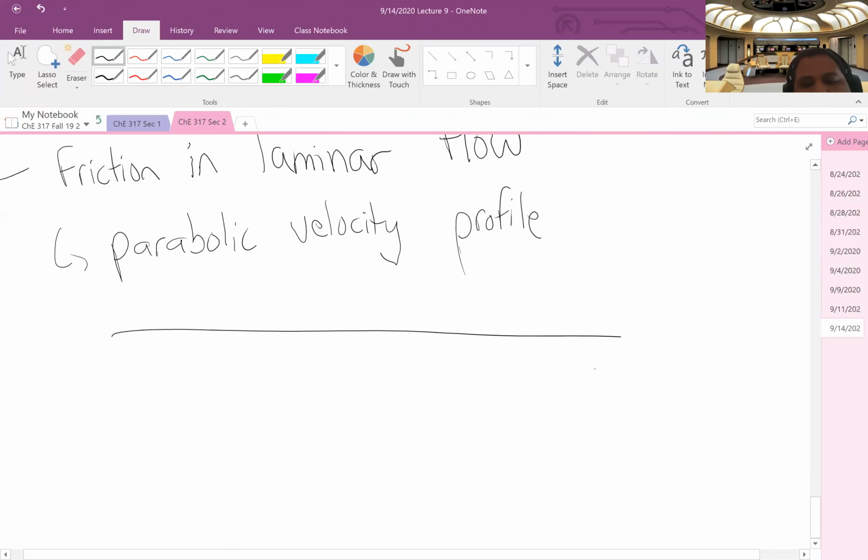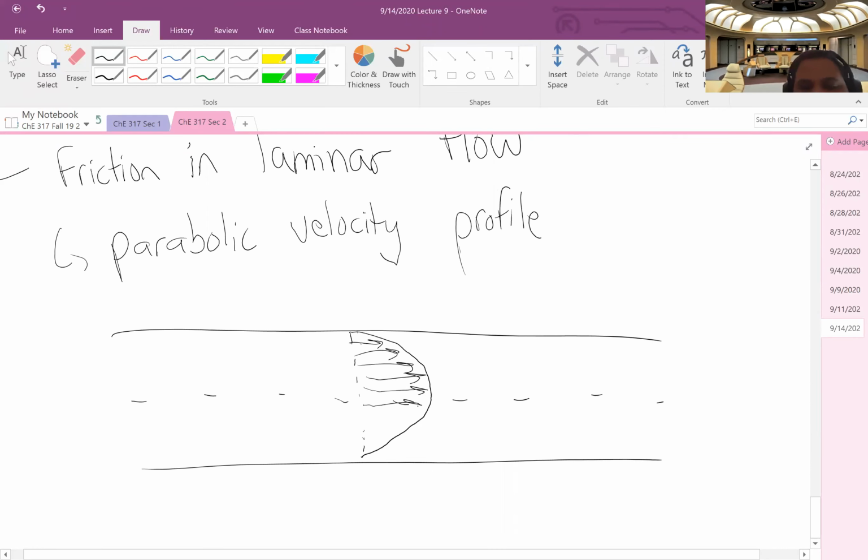Where if we use our wonderful flow through a pipe, even though it looks like a road, the velocity visualized follows this parabolic profile, with the maximum velocity occurring at the center. So Umax occurs at the center of the pipe.